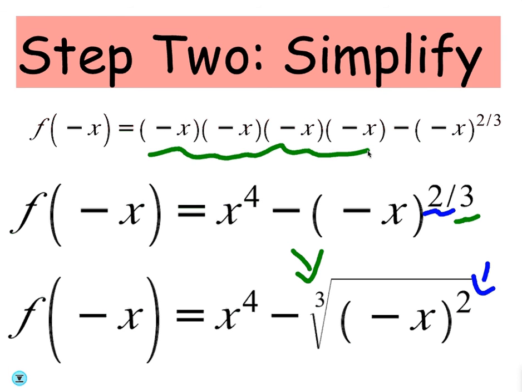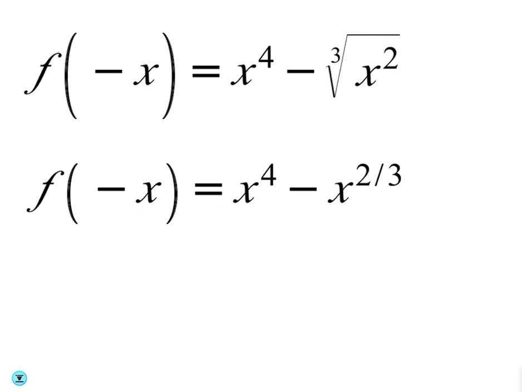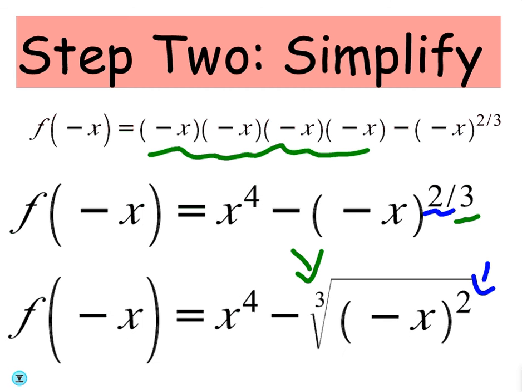But if you were to simplify x times x times x times x, that doesn't simplify to x. That simplifies to x to the 4th. So anyway, the second part, you've got a negative x squared, which just becomes x squared. And then when you reconvert it back, you should have the same power left over. It should be x to the 2/3, which you started with. The only reason I converted it was to show that negative x squared is equal to x squared.